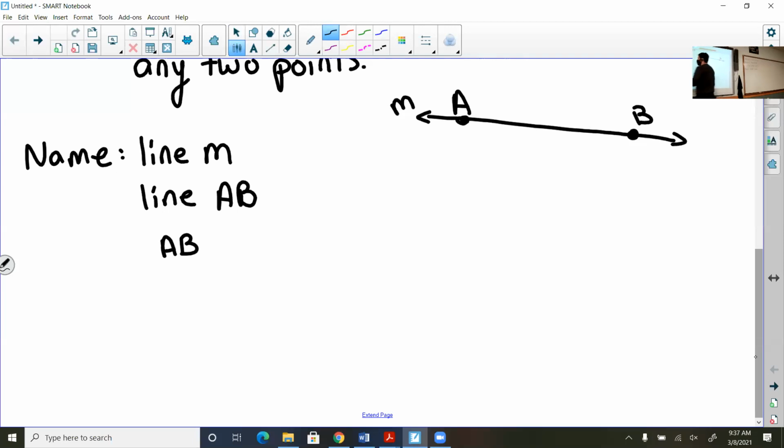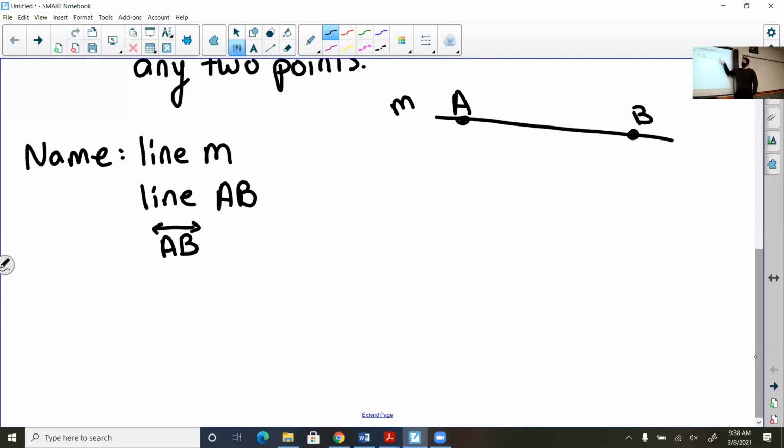I'm going to do that by drawing a line on top of the AB. Now that is very, very important, because if I didn't include the arrows, then I would have a line segment AB, which would say that it would stop and it wouldn't go forever on both sides.